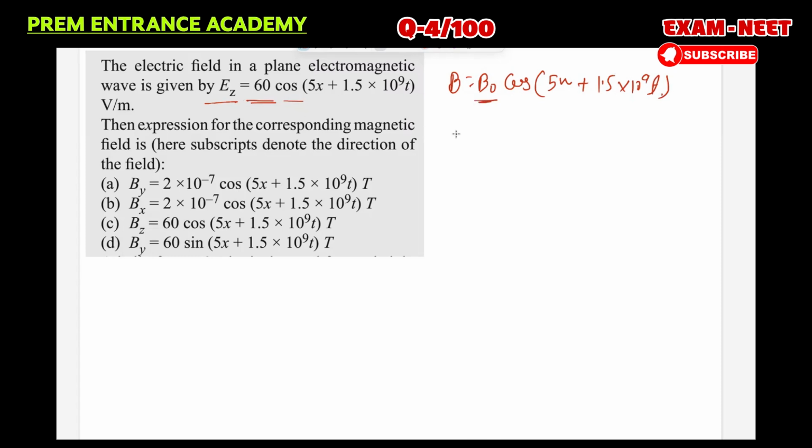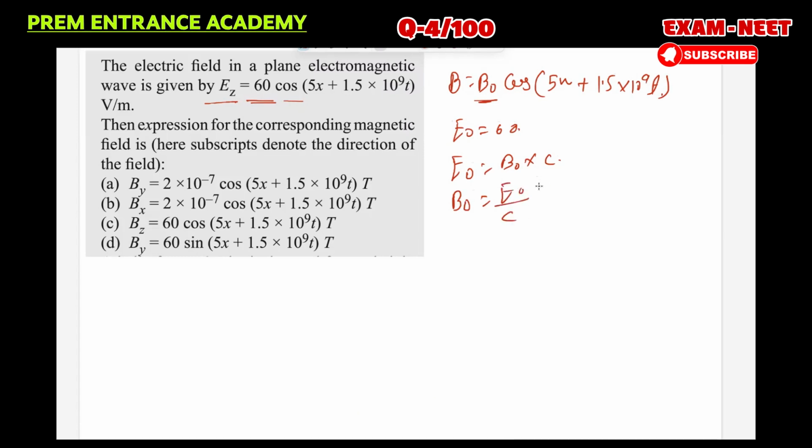So E naught is given as 60. From the formula E naught = B naught into C, B naught = E naught upon C. So E naught is given as 60, and C is the velocity of light, 3 × 10^8.